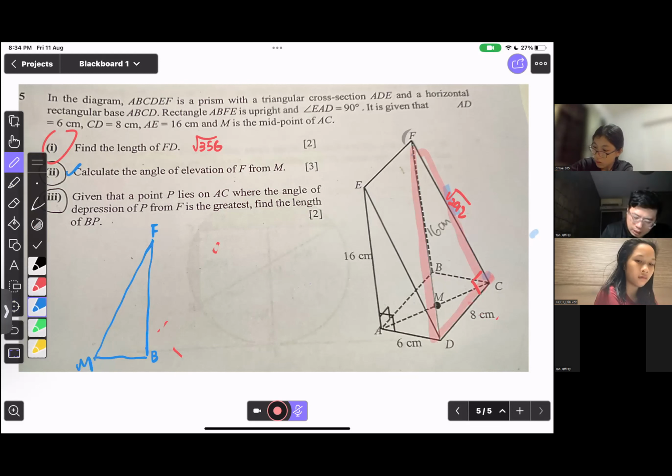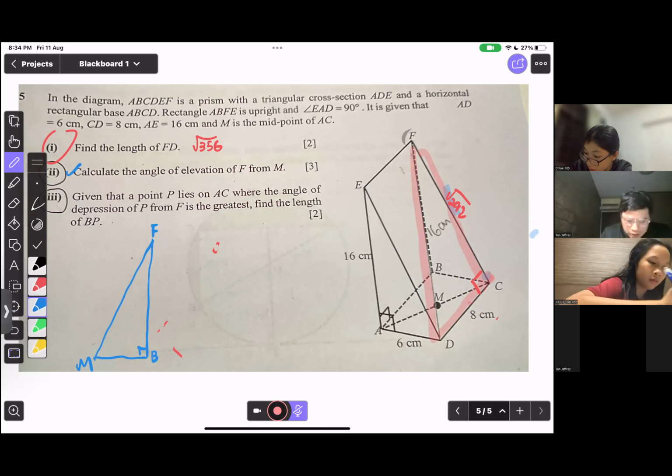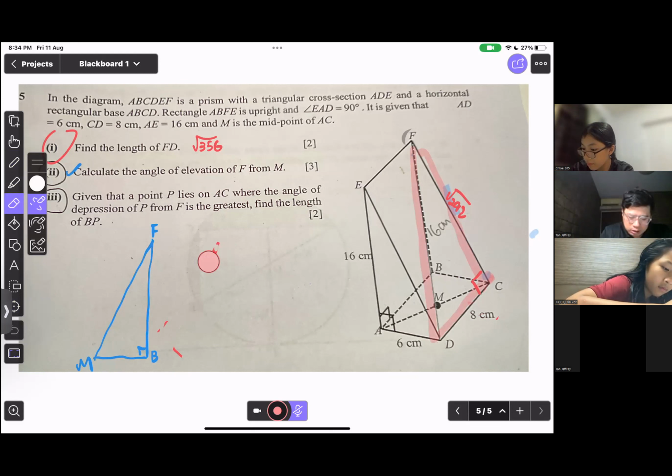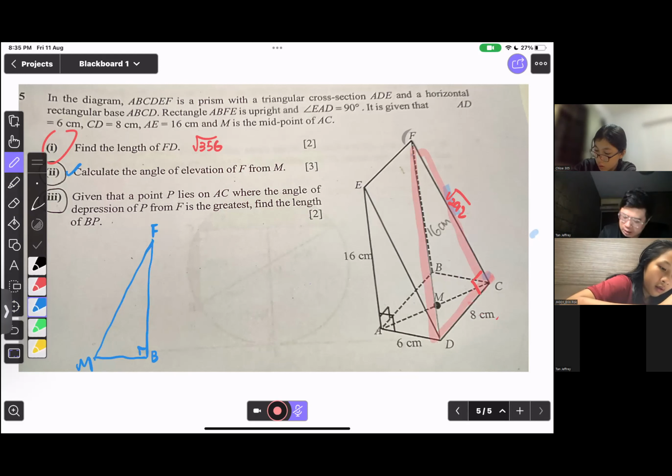Can you see that FBM is 90 degrees? Okay, so what is BM? If you look at this, this is 8 cm also, this is also 6 cm. I believe they say something like M is the midpoint.